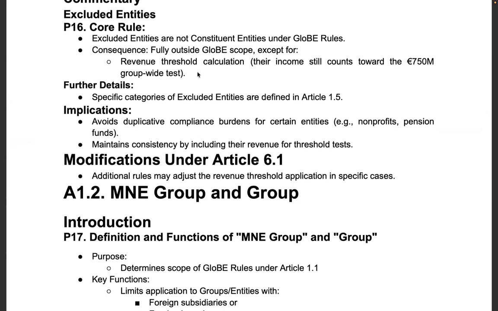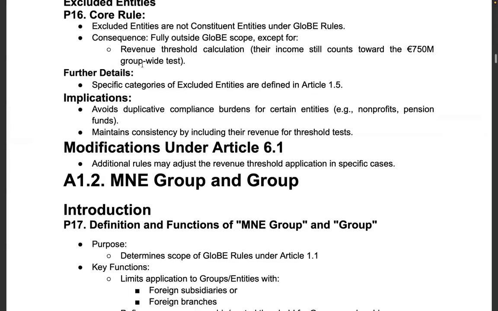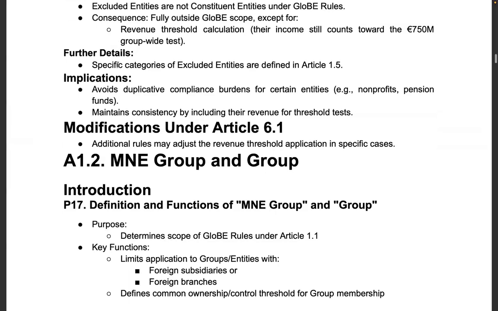If you remember, earlier we saw certain excluded entities which were exempt from GloBE rules, but their revenue was considered while testing the revenue threshold of 750 million euros. So their income still counts towards the 750 million group-wide test. Specific categories of excluded entities are defined in Article 1.5 at the end of this chapter.